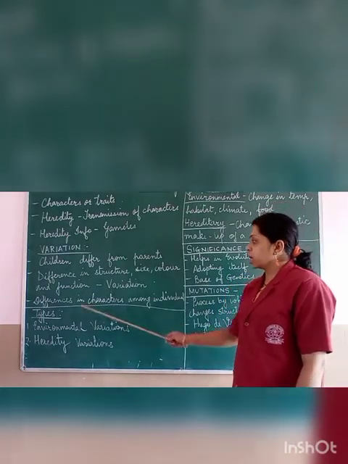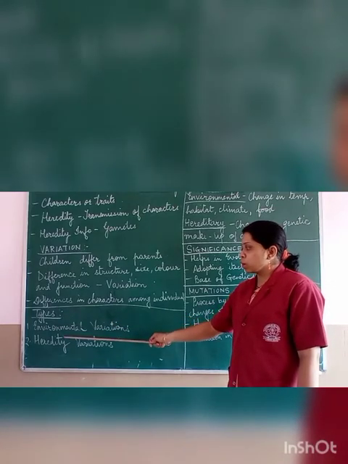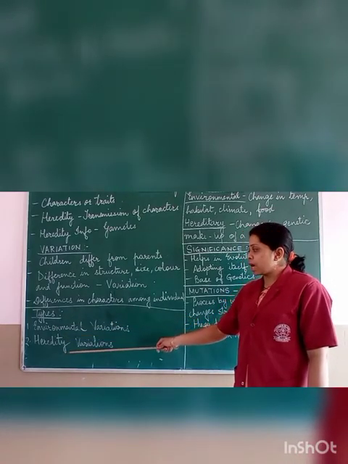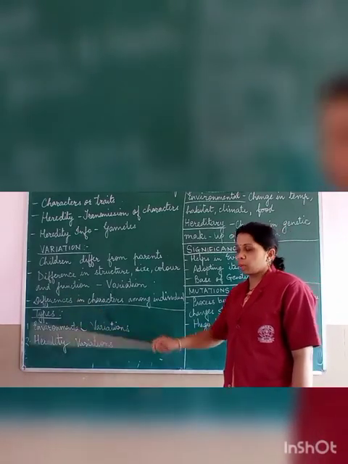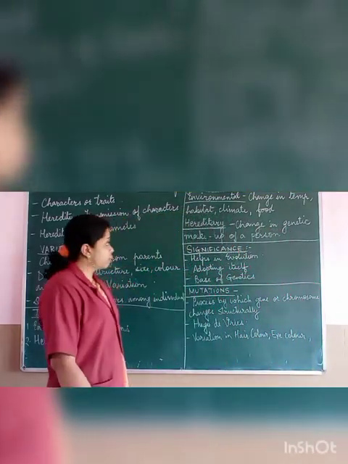Now there are two types of variations: one is environmental variation and the other is hereditary variation.